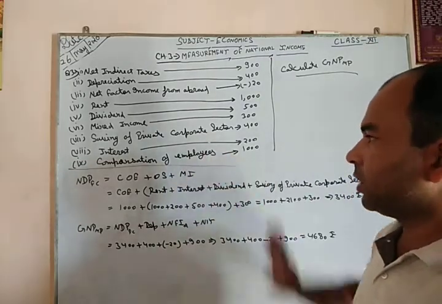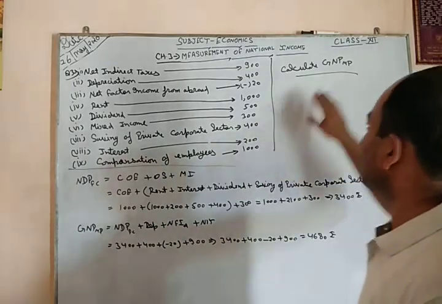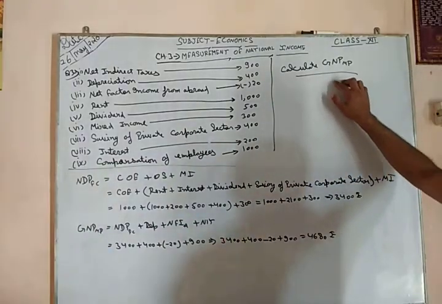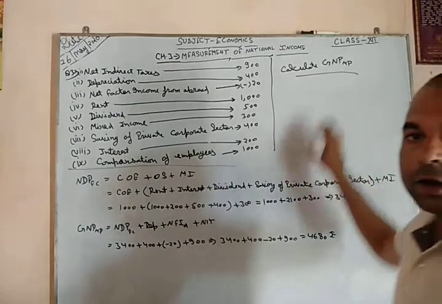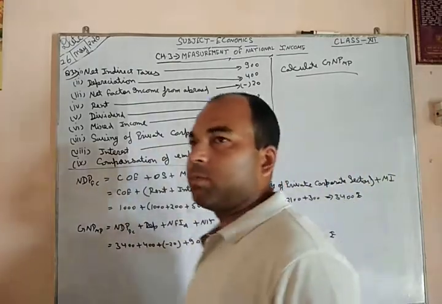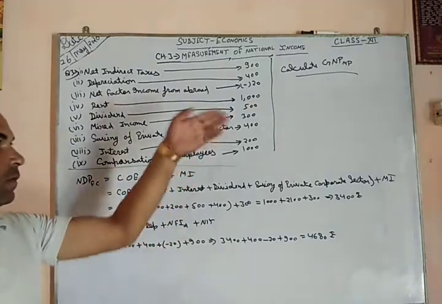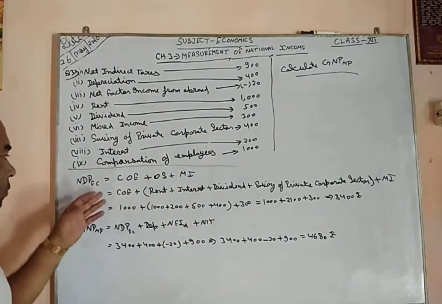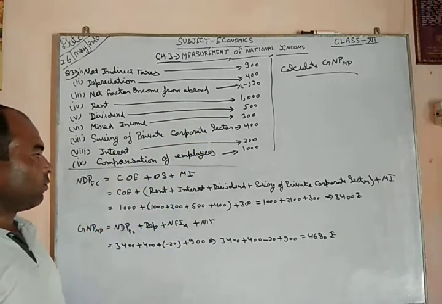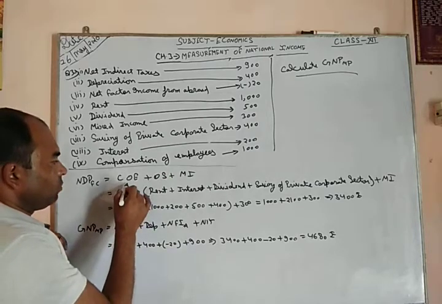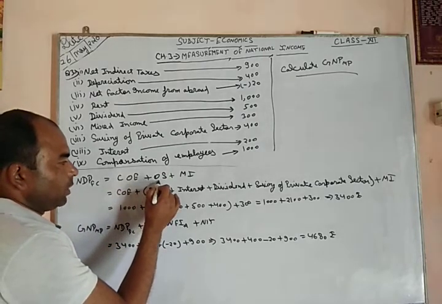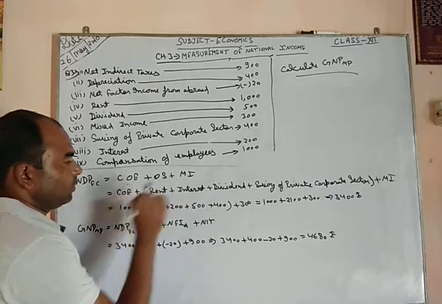Then interest and then compensation of employees. We have to calculate now GNP/MP, gross national product at market price. But by the help of income method, we calculate only NDP/FC. Then after we can reach GNP/MP. So you are aware that this is a formula. NDP/FC is equal to COE plus operating surplus plus mixed income.